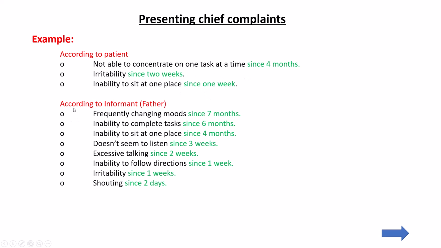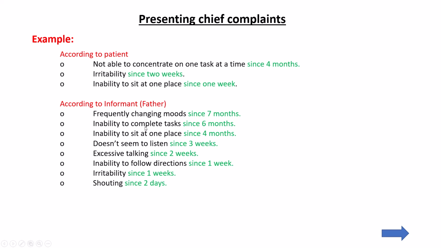The next is according to the informant. His father also gave information. Frequently changing moods: happy mood, sad mood. In the morning he was very happy, then suddenly he gets angry, then he doesn't want to talk with anyone. That is what his father is telling. This problem has been present since 7 months.